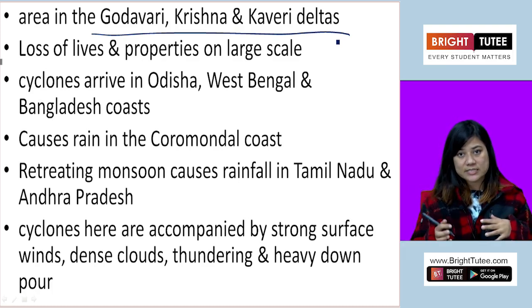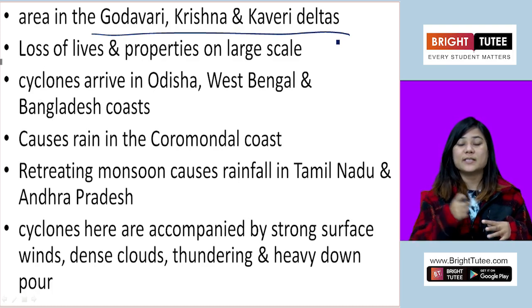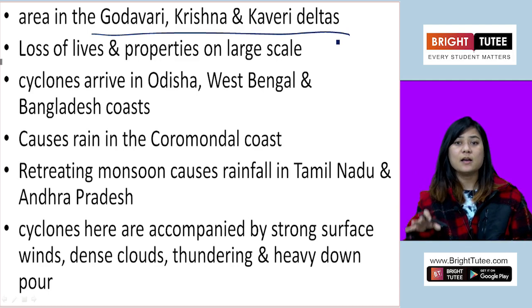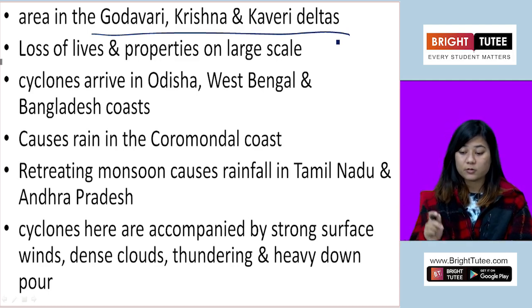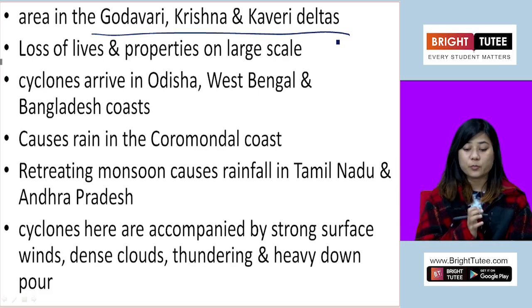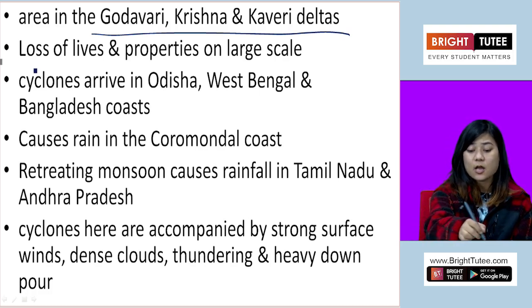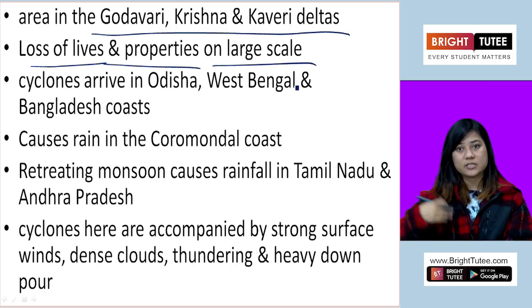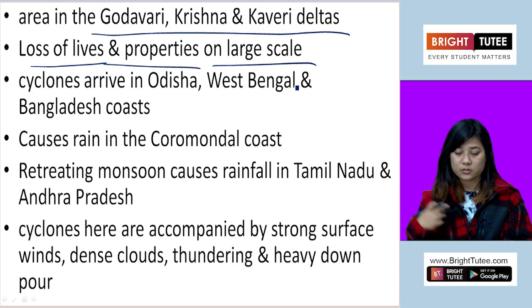But as you can see, they're also driven by the strong circular motion of wind that is developed in the Andaman Sea and Bay of Bengal. As a result of that movement of the wind, it causes loss of life and loss of property on a large scale. So these cyclonic depressions are quite destructive in nature.